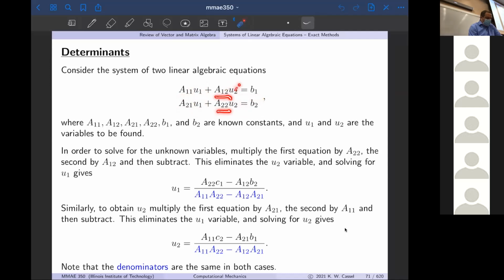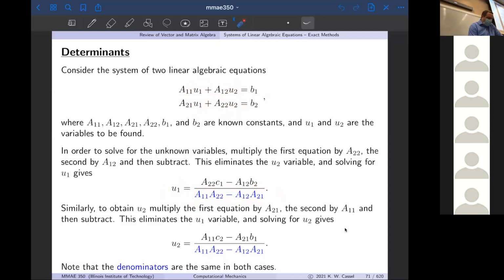Doing that, this term will cancel. These terms will cancel, and I just have an expression that I can solve for U1. With simple algebra, I get this expression here. I don't really care about this expression, but I'm highlighting in blue the denominator for a reason that you'll see in a second. So that's U1.